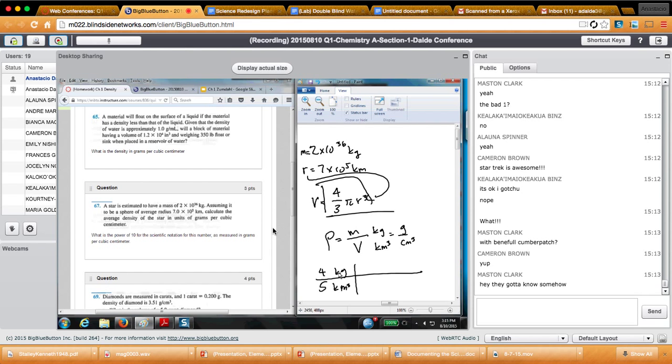I can convert the kilograms into grams pretty easily. There are 1,000 grams for every 1 kilogram. The volume is a little bit tougher. There are 1,000 meters for every 1 kilometer, and I would do that 3 times.